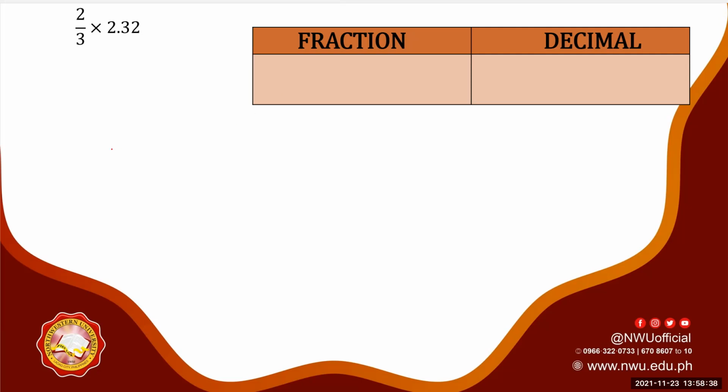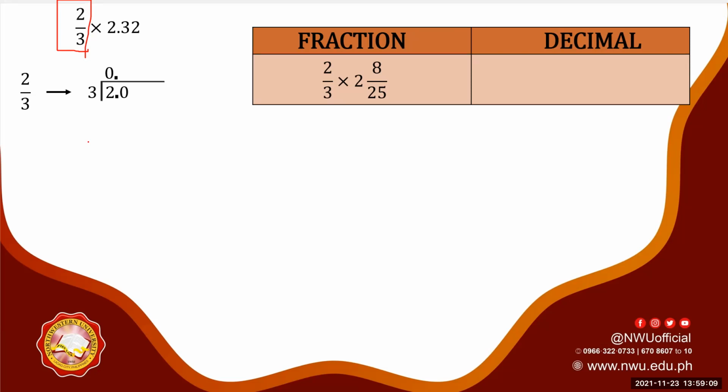And as I was trying to say kanina, in our class or in our activity, you're just going to write or answer the decimal form. So, ibig sabihin, your 2/3 should be rewritten as decimals. And you can do that by dividing 2 by 3. So, 2 divided by 3 cannot be, that's 0. So, you can extend that by putting the decimal point and adding zeros.